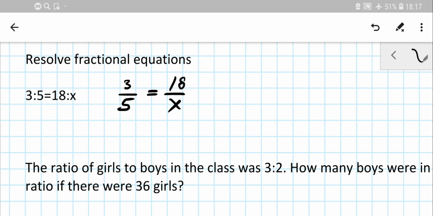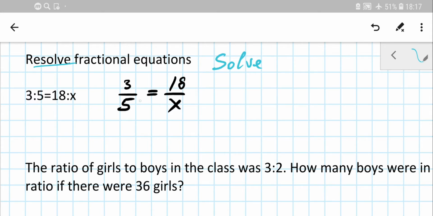Once you complete it from a word problem, you set up the equation, and in most cases it will be a fractional one. So you need to be able to resolve, in other words, solve that. Resolve means you need to know how to solve an equation, how to find x.